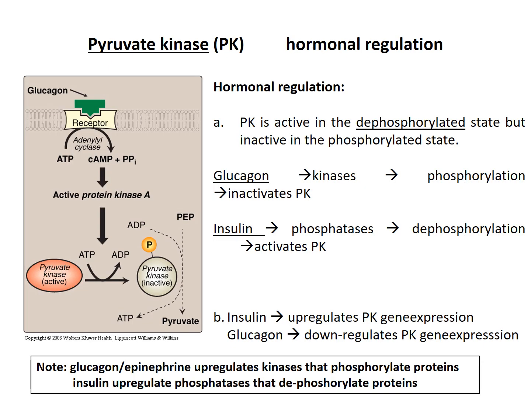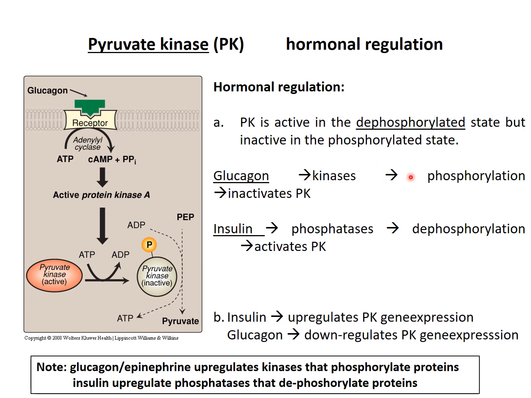Hormonal regulation of PK is also important. It is now a different way. And this is actually more of a typical way of regulating enzyme activity, by phosphorylation and dephosphorylation of the enzyme. So the PK is active in the dephosphorylated form.